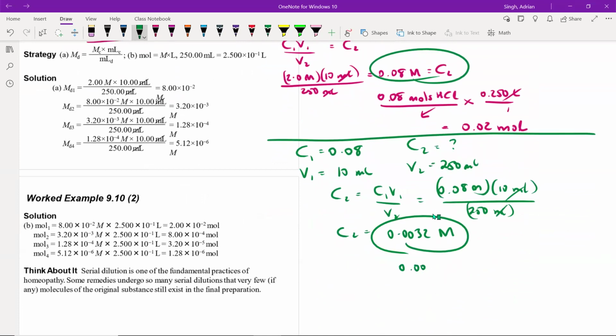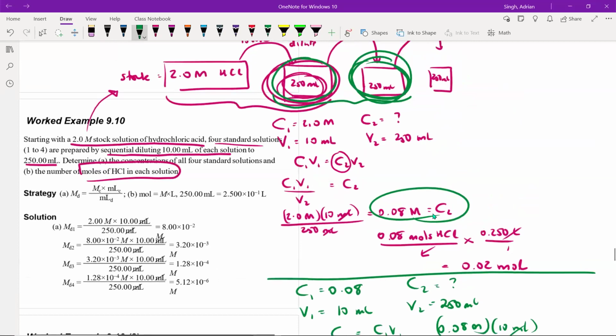So 0.0032 moles of HCl for every liter times the volume that I have, which is 250 mils, which is 0.250 liters. That goes away, and that'll give me 0.0008 moles.